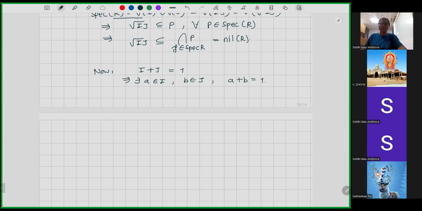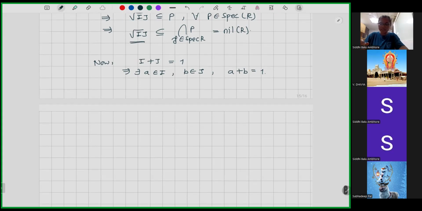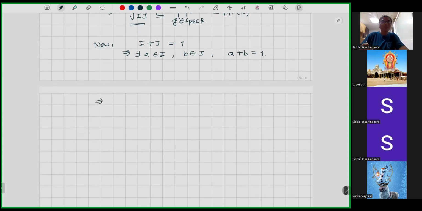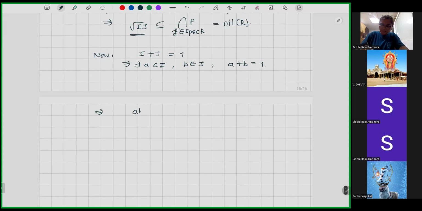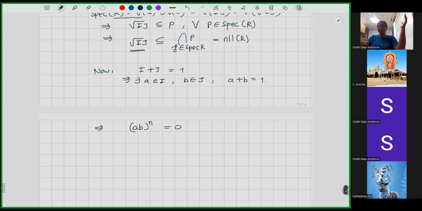But since the radical of IJ is contained in the nil radical, a into b belongs to IJ, which is contained in the radical of IJ, and that is contained in the nil radical of R.